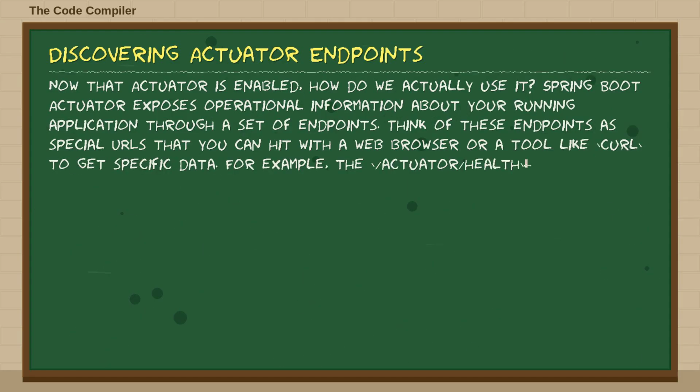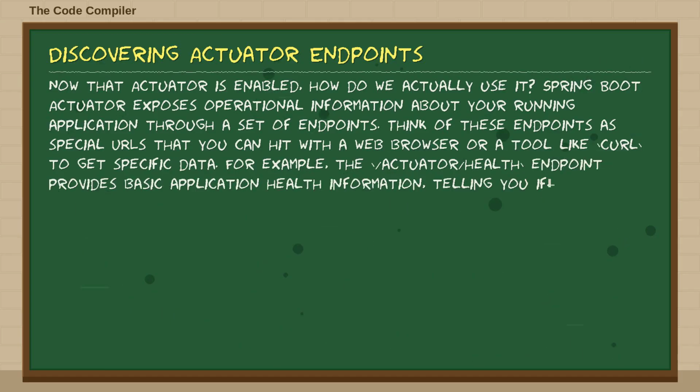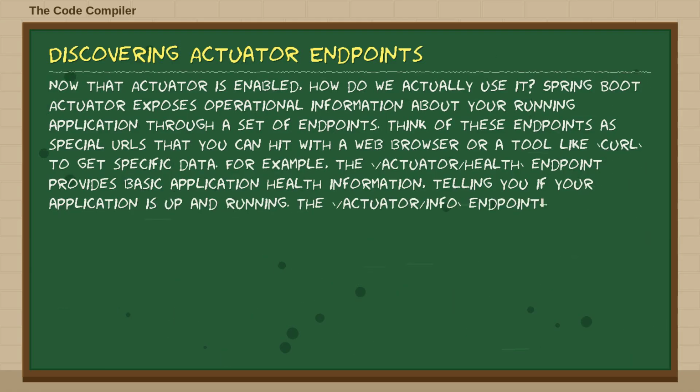For example, the Actuator Health endpoint provides basic application health information, telling you if your application is up and running. The Actuator Info endpoint can display arbitrary application information, like version details or build information.